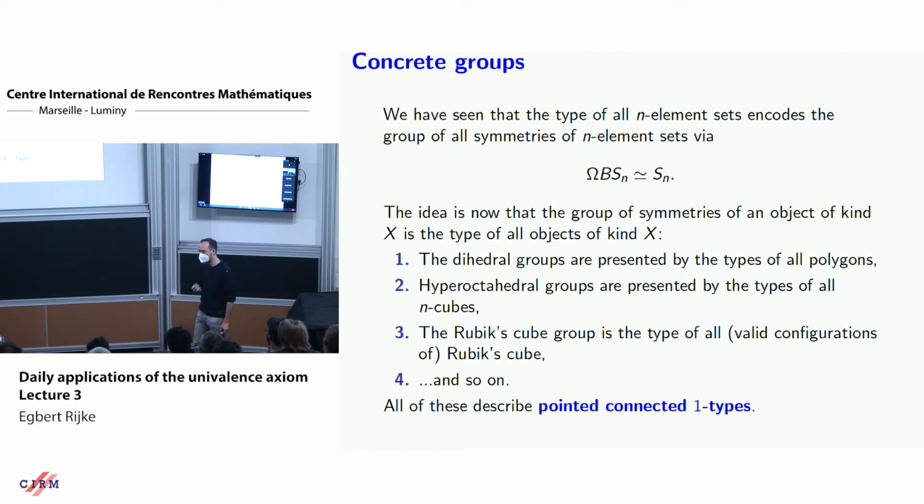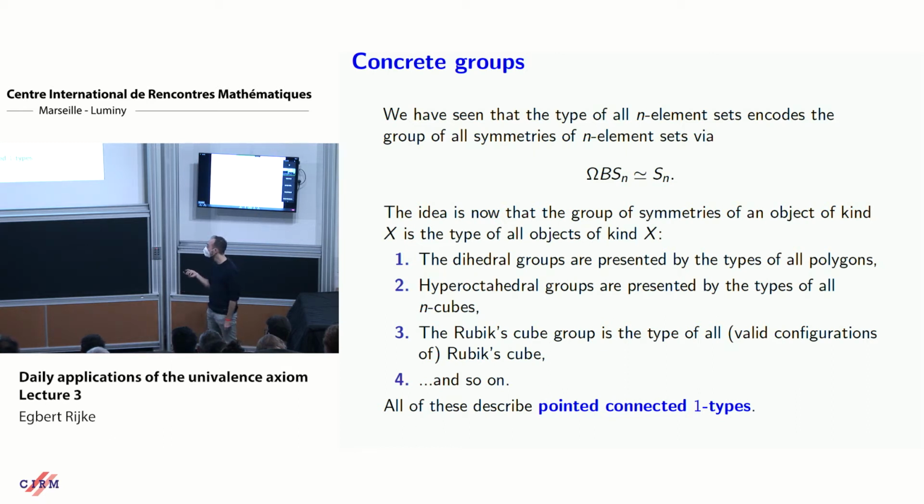So the idea of concrete group theory now is that if we want to study the symmetries of any objects, then what we do is we define the type of all such objects in univalent type theory. And this type will presumably be a pointed connected type, and its loop space is going to be exactly the symmetries of that object. So we saw that in the case of the n-element sets, we took the type of all n-element sets. This resulted in a pointed connected type, and its loop space was the automorphisms on the n-element set.